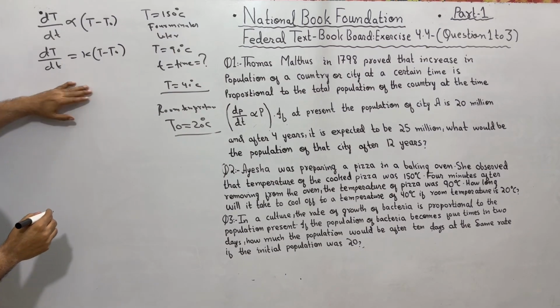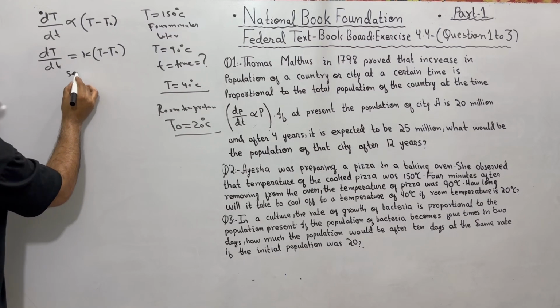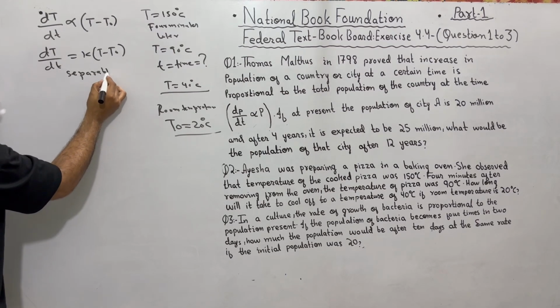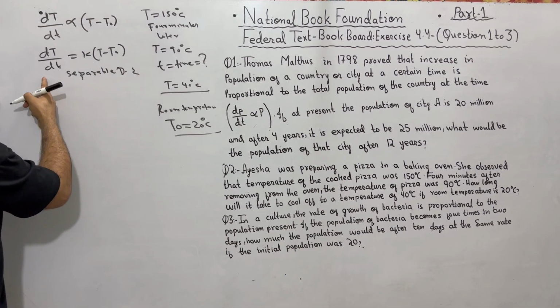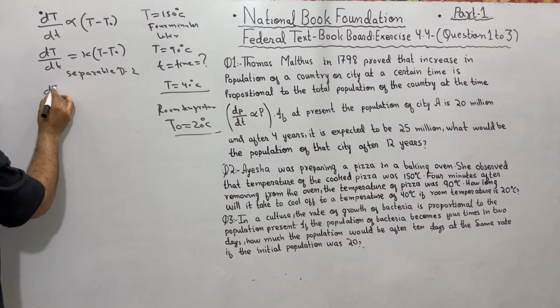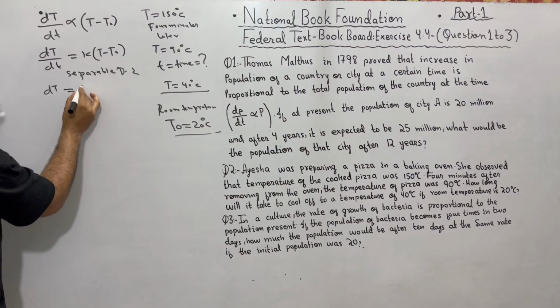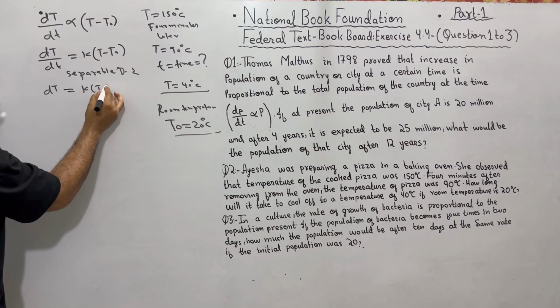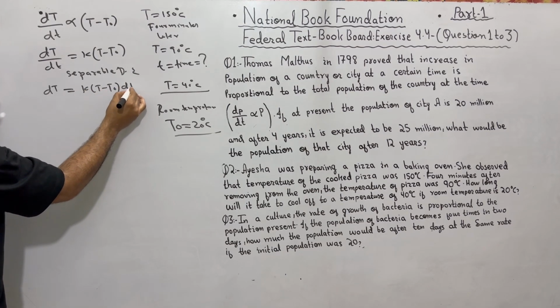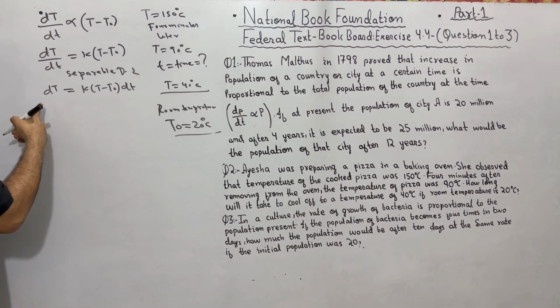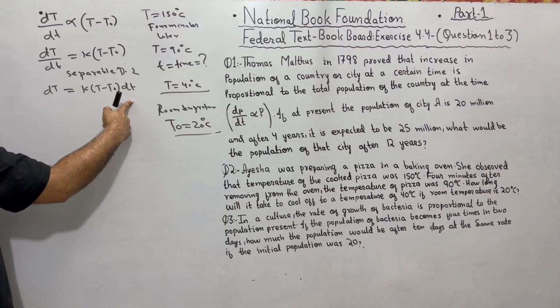Now it's a separable differential equation. Take dt towards the right hand side, from division to multiplication: k times T minus T naught dt. Capital T stands for temperature, small t for time.